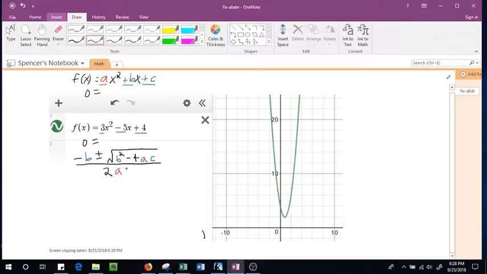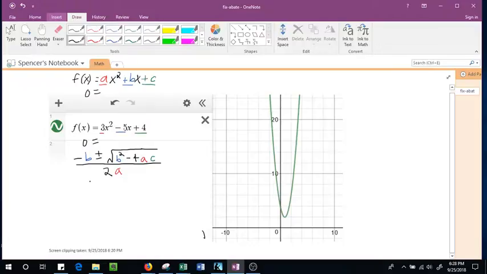Now what I wanted you guys to remember is we could split this into being negative b over 2a plus or minus square root b squared minus 4ac all over 2a, in the same way that we combine or add or subtract with like terms. We can also split and have them both have that denominator. However, you need to remember that negative b over 2a is the x coordinate of the vertex or the axis of symmetry.